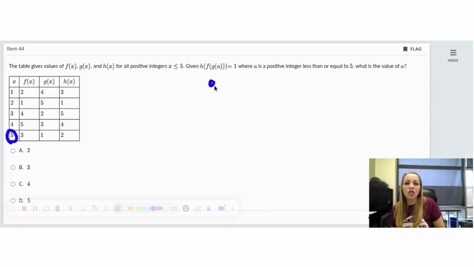And I'm going to do g of 5. Now, what is g of 5? Well, it looks like I get 1. So I put 5 in. The g is 1. Now, I'm going to do f of that value, which is 1. So I come here. I plug in 1.